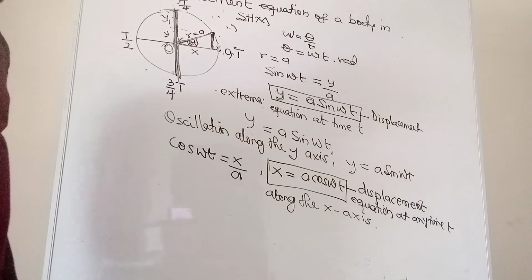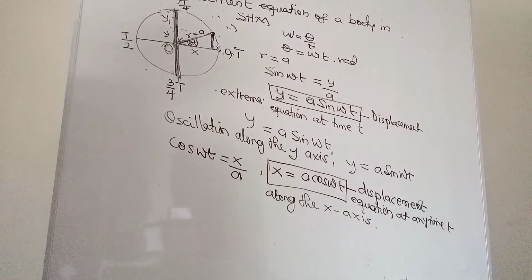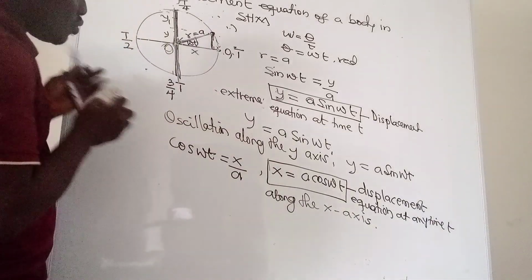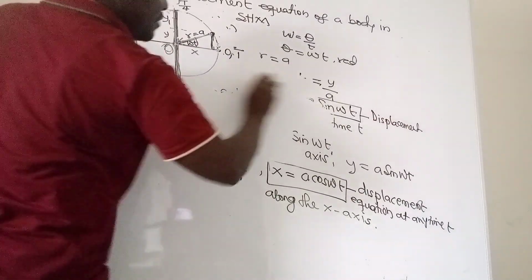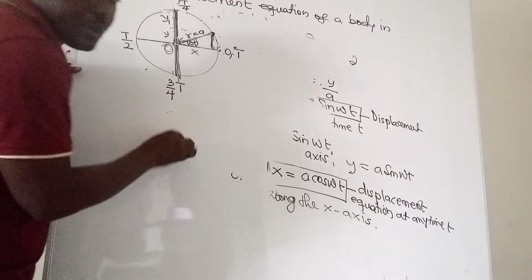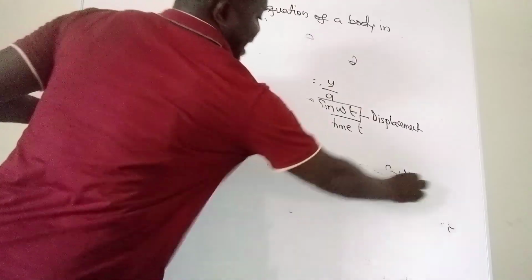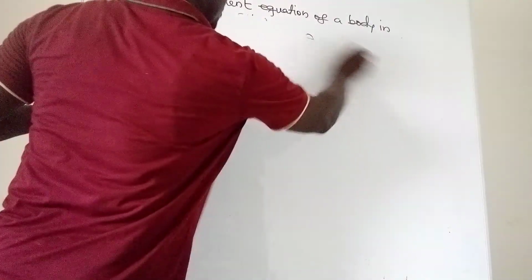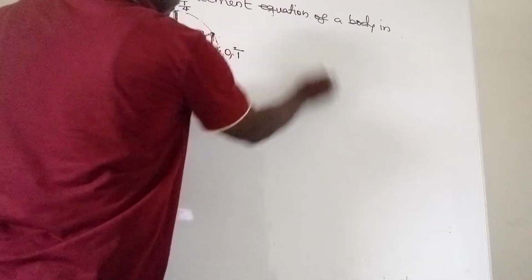Now let's also look at a general diagram. I want us to come out with some findings, which can even be seen from the diagram, but I'll take you through it, and after that we'll use the displacement equation to prove what we just observed. Doing so will help you understand the concept so well.